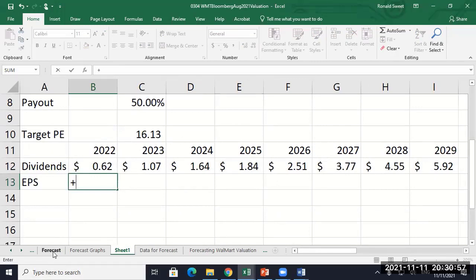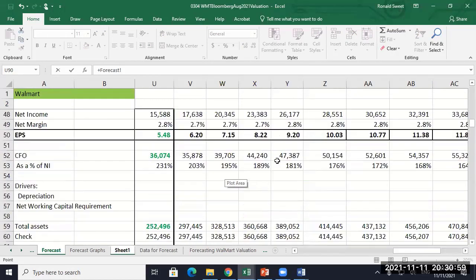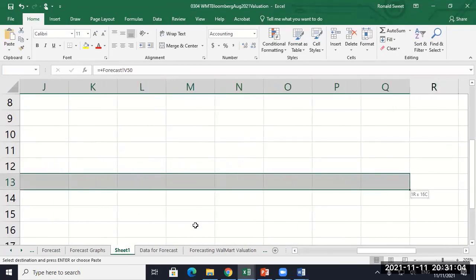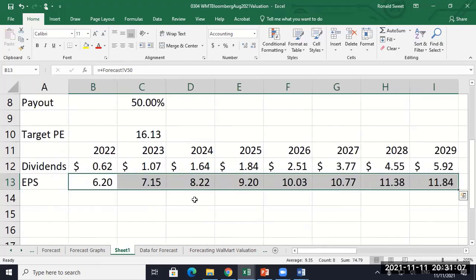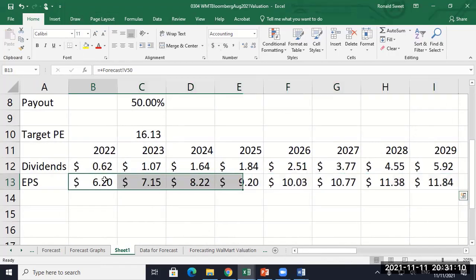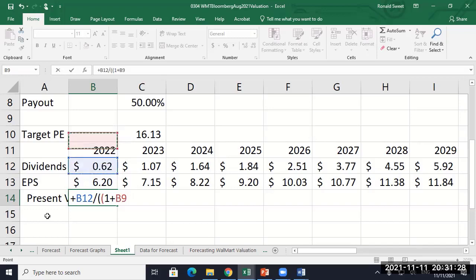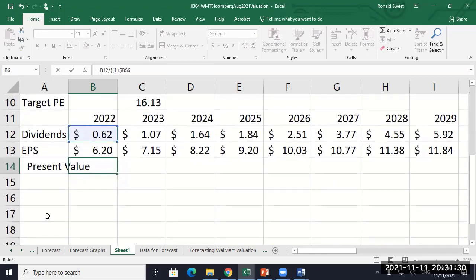Earnings per share, y'all stop me if I'm doing something I'm not sure what I'm doing. So earnings per share is $6.20. Now they really need a button right there, don't they? A white button. Does anyone create that? All right, and then present value. So the present value of 62 cents is going to be 62 cents divided by 1 plus my discount rate, raised to time.